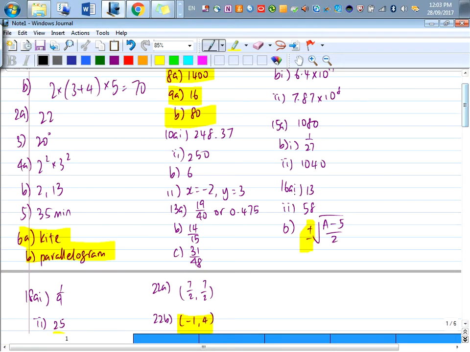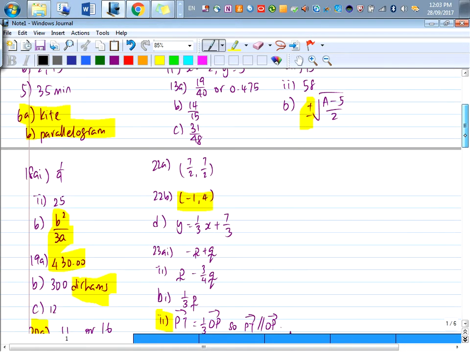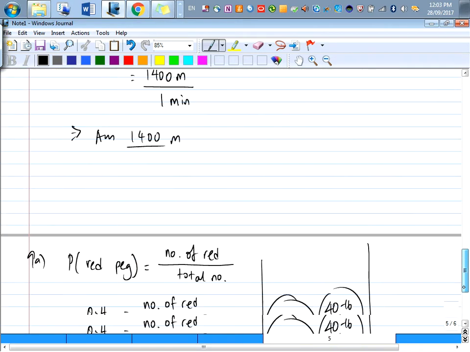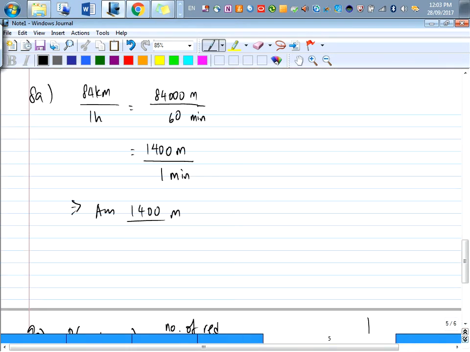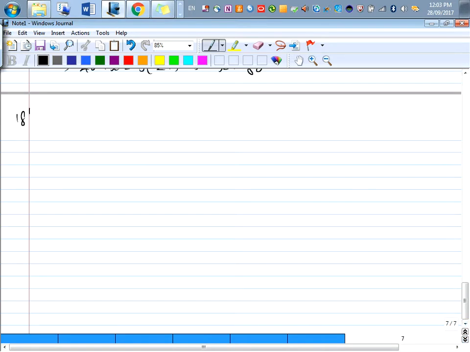Okay, so 16b, just take note of your plus minus because you are the one who introduced the square root symbol. Next up is 18b, 19b.